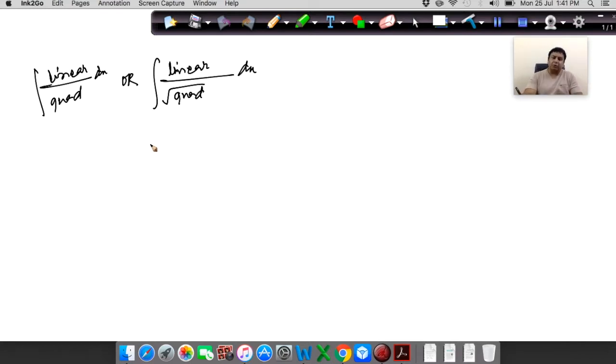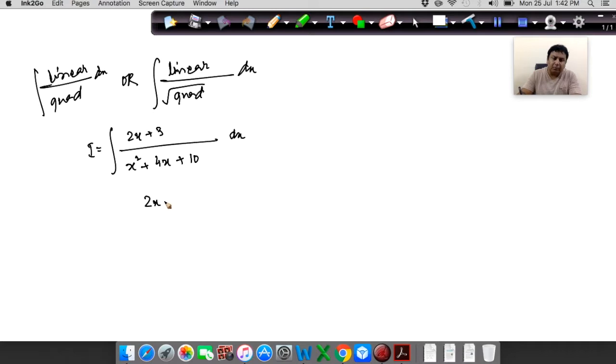First, I'll explain the bookish method, the method that is there in your course, in your book. In that, if you have (2x + 3) upon x square plus 4x plus 10, suppose. This says that you have to write the numerator 2x plus 3 as a into differentiation of the quadratic quantity, so a(2x + 4) plus b.